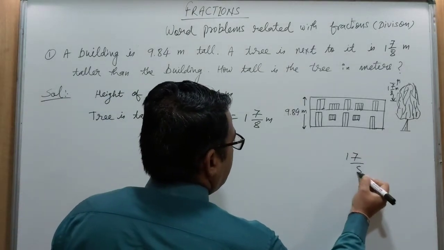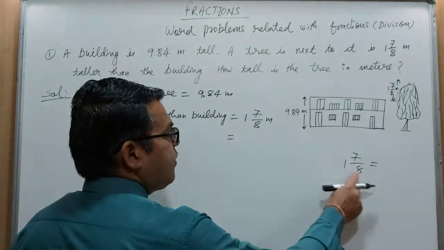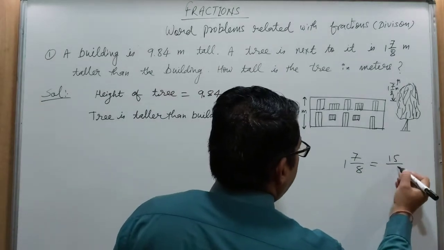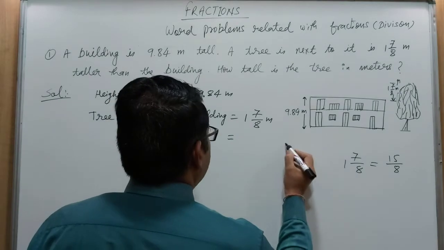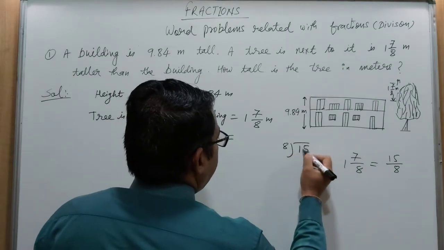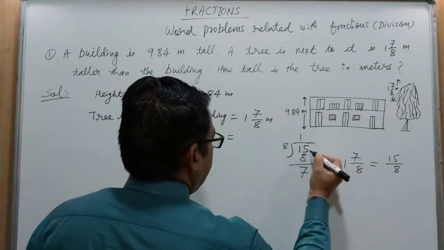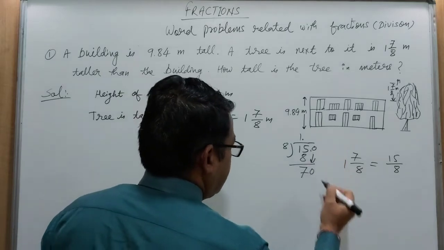First we need to write this mixed fraction as an improper fraction. 8 times 1 is 8, and 8 plus 7 is 15, so 15 upon 8 we can write. Now I am dividing 15 by 8. We put the point here, then a 0, as we discussed earlier also.